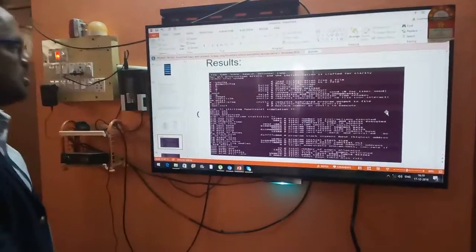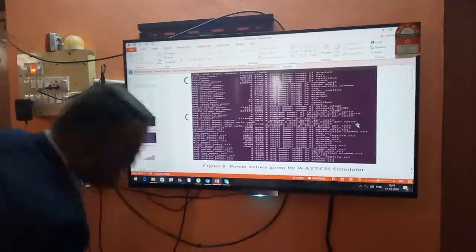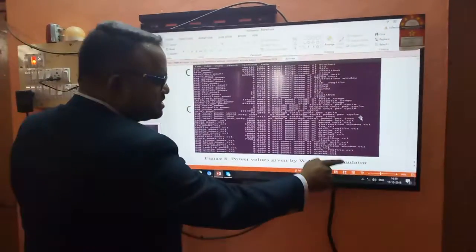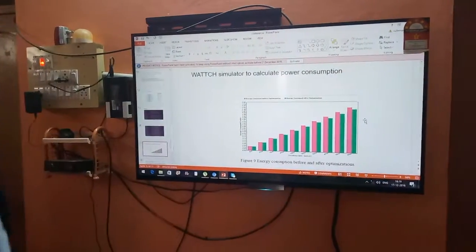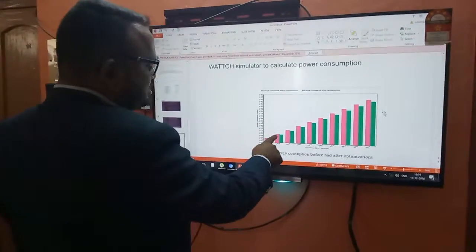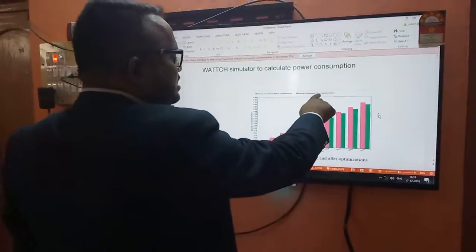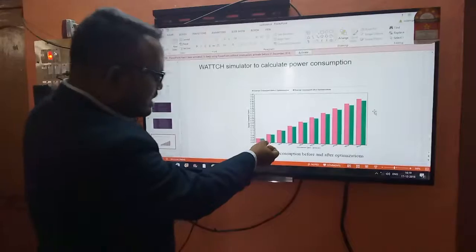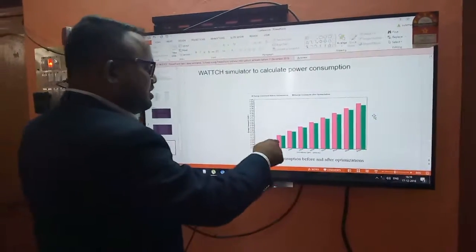So here we got some results, some screenshots of those results. And next we used the Watch simulator for calculating the power values. See, we drew one graph: energy consumption before optimization, this pink one, and energy consumption after optimization, the green one. We are consuming the energy shown in green, and before that it was the pink.